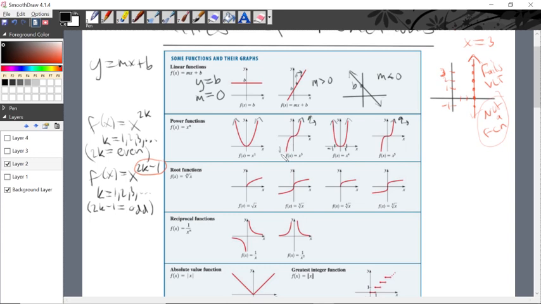It is going down and to the left. Okay, we call this end behavior when we're checking to see what direction it is going, towards infinity or negative infinity. More on that as we continue in the course. So they have the same end behavior, x to the third and x to the fifth, right?